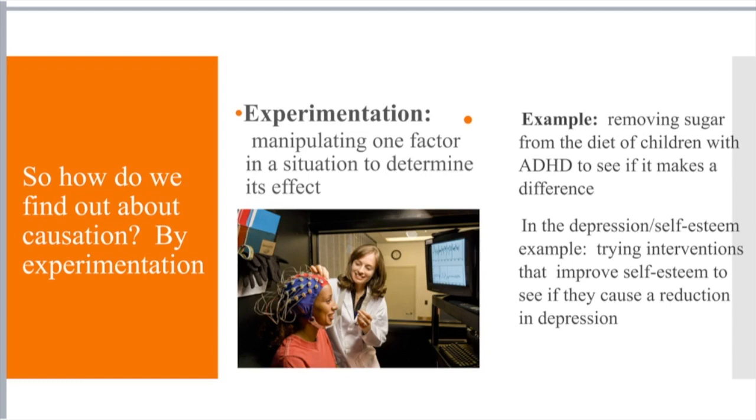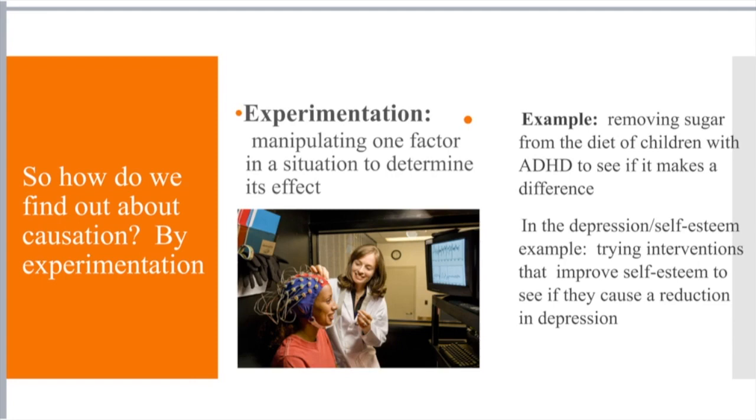An example, which we're going to let carry us through the rest of our content here in Unit 1, is that removing sugar from the diet of children with ADHD makes a difference. So, is sugar a cause of ADHD symptoms? That's the question.